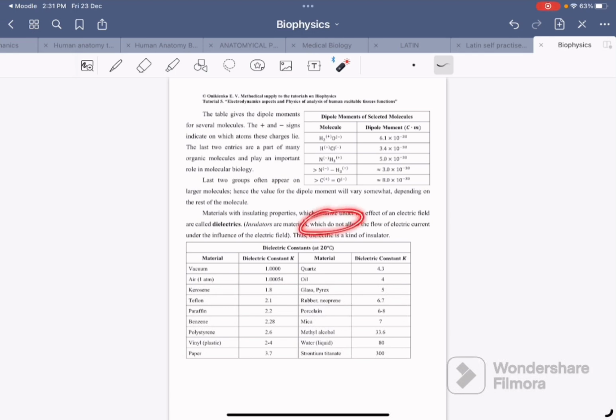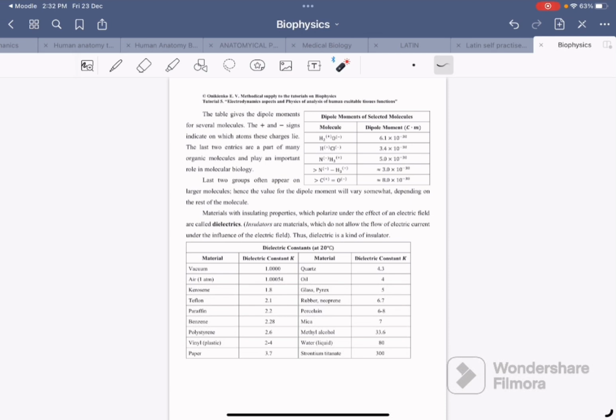Even though wood is an insulating material, when we apply an electric field to it, by polarization a certain amount of charge will still be collected by the wood also.